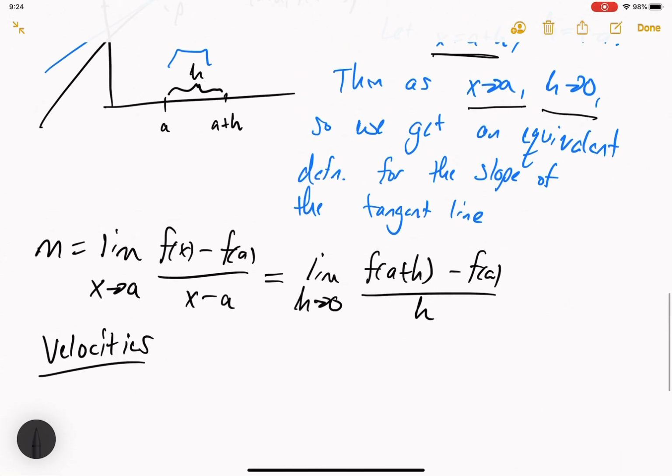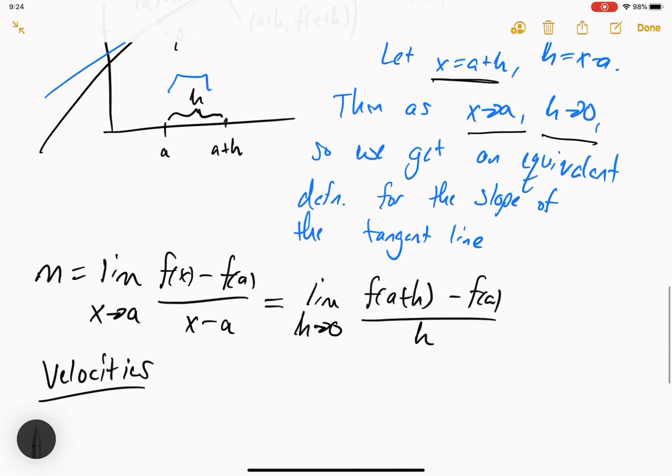Every time, we used our average velocities, which were the slopes of the secant lines, to guess what the slope of the tangent line was. And the slope of the tangent line in the velocity case is equal to the instantaneous velocity.